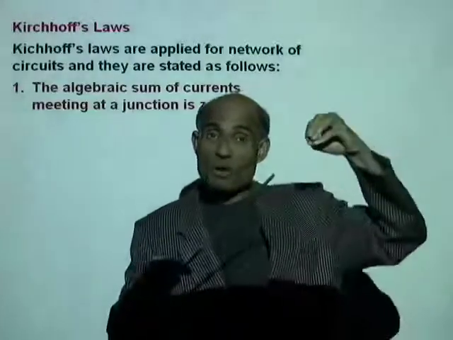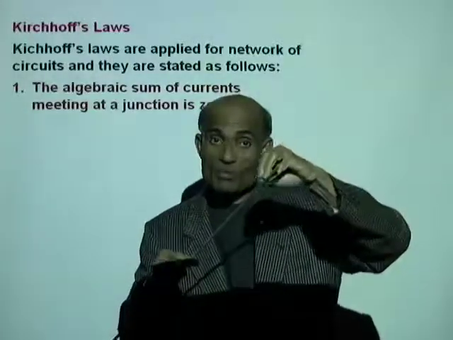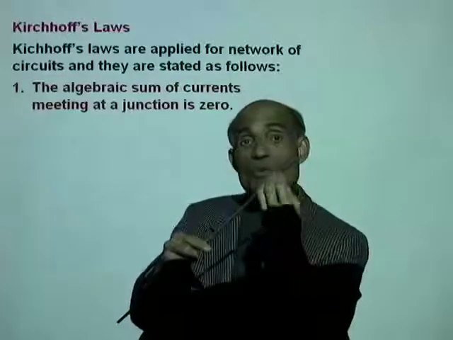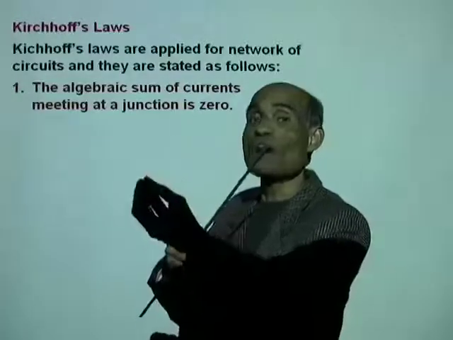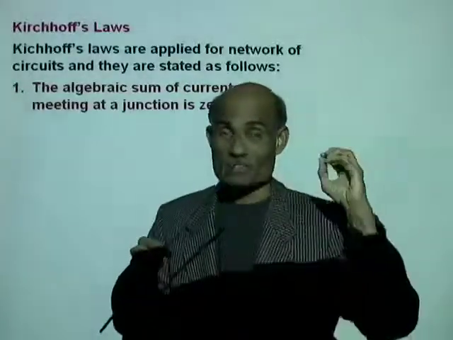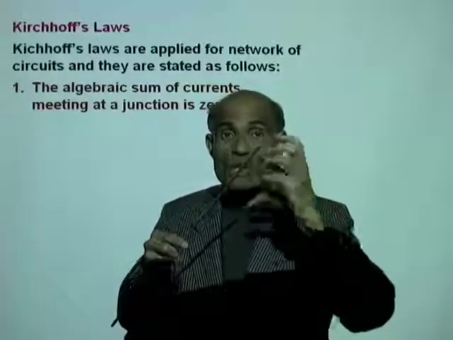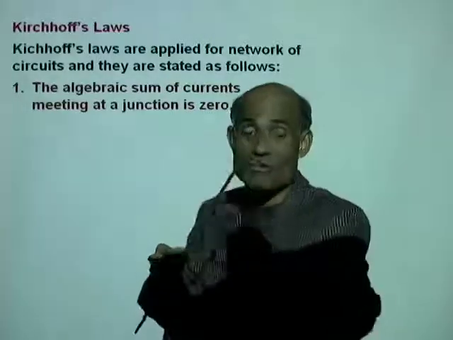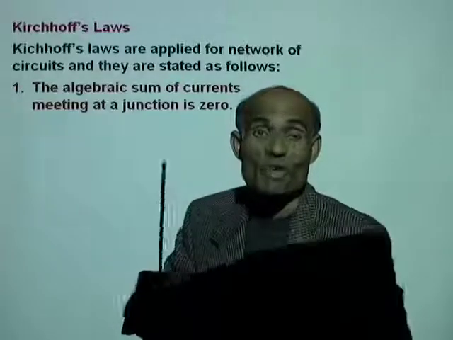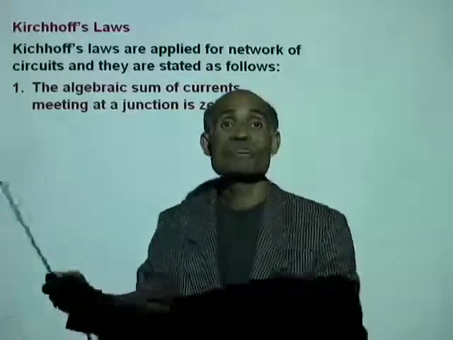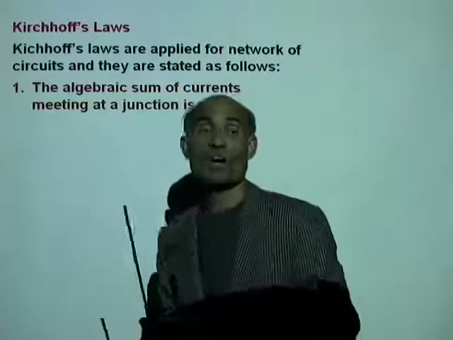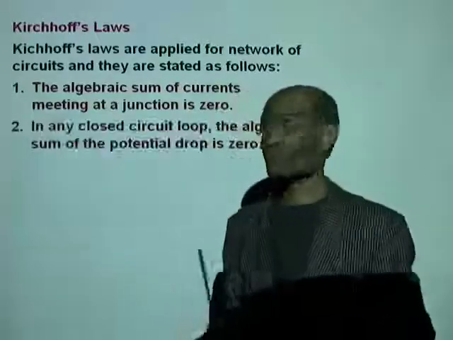In other words, the total amount of current reaching a point equals the total amount of current leaving. If you add the current reaching a point to the current leaving the same point, the total sum will be zero. That is the meaning of the first law.